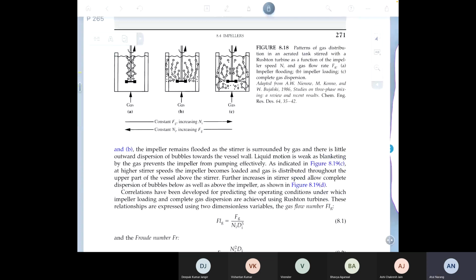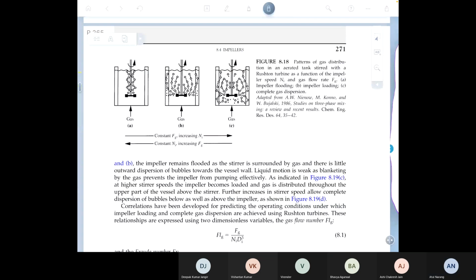Actually, the more precise problem will become ultimately that we will come up with just how rapidly should we rotate, what is the RPM of the impeller to make sure that we get good gas mixing. So the intuitive picture is shown over here in figure 8.18.